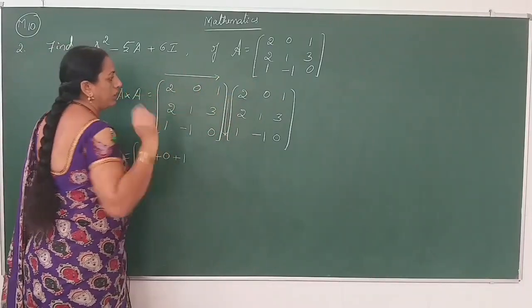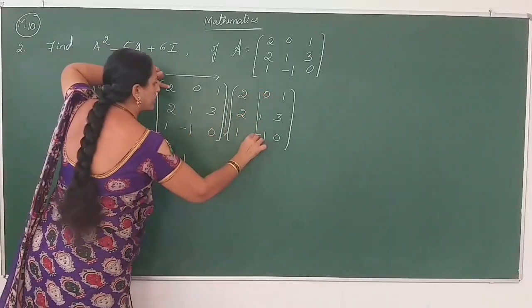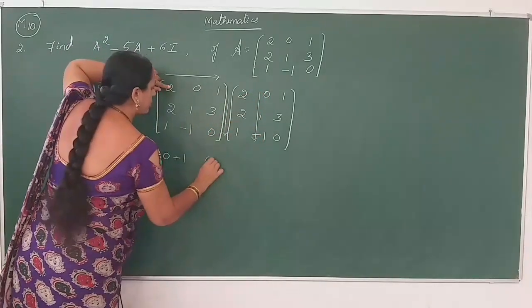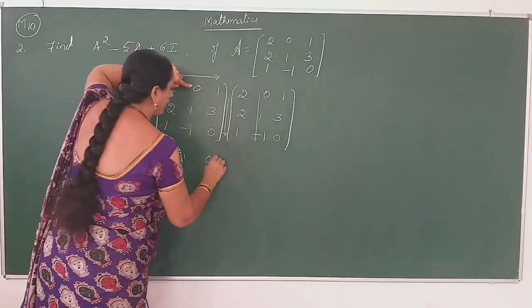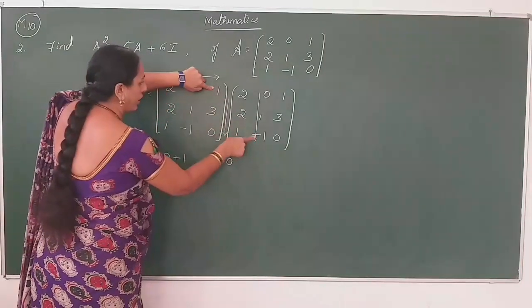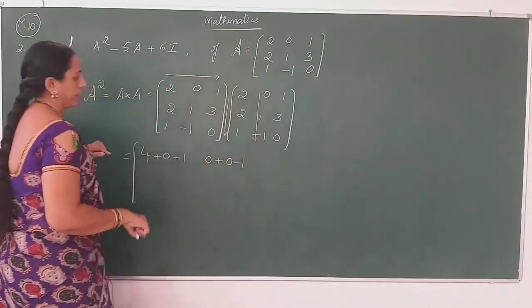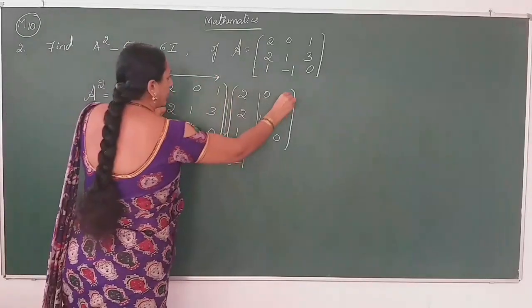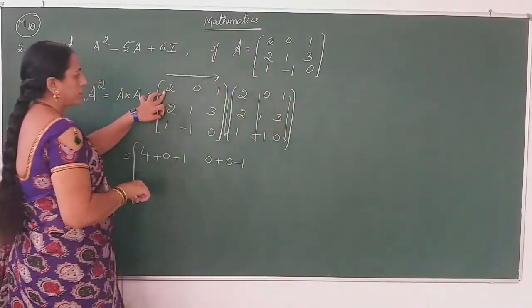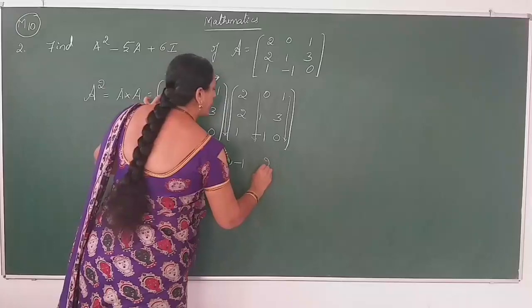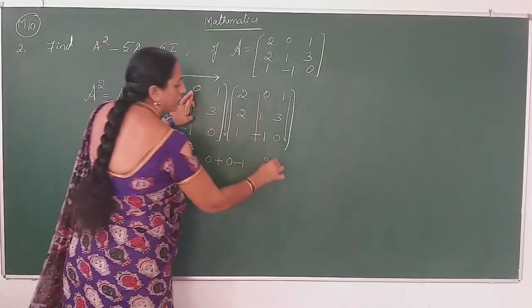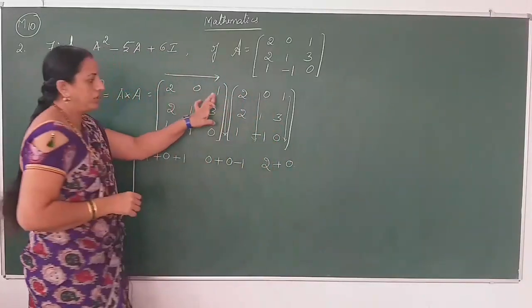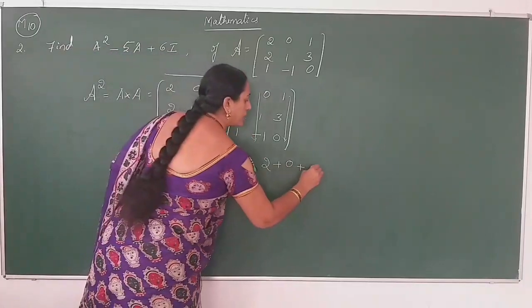First row, second column: 2 into 0 is 0, 0 into 1 is 0, 1 into minus 1 is minus 1. First row, third column: 2 into 1 is 2, 0 into 3 is 0, plus 1 into 0 is 0.